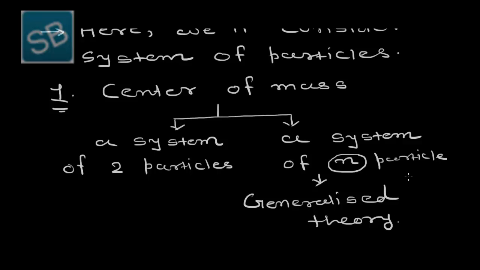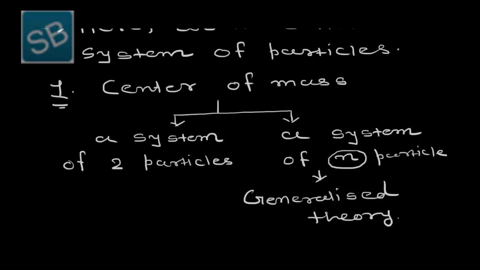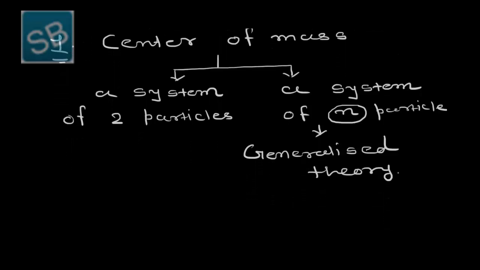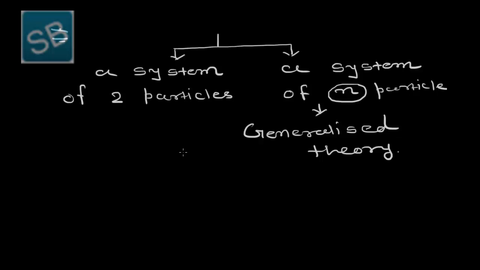Now you have the theory of n particles, and if you want to find the center of mass for 3 or 4 particles, then you just have to substitute the value of n as 3 or 4. So this is the application of using the system of n particles.